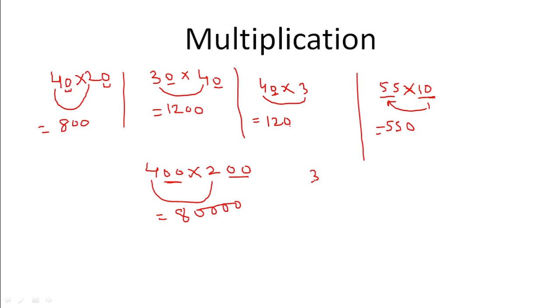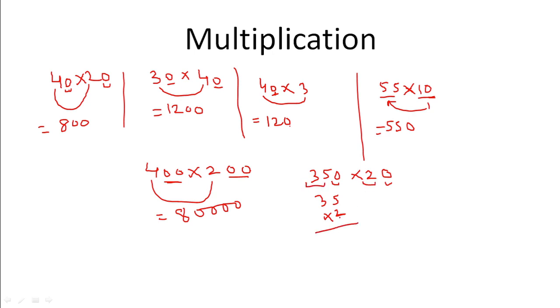Suppose 350 multiplied by 20. Okay, so you can see at unit place 0, unit place 0. If we forget this 0 for some time, so 35 multiplied by 2. Here the number will be only 35, here will be 2.